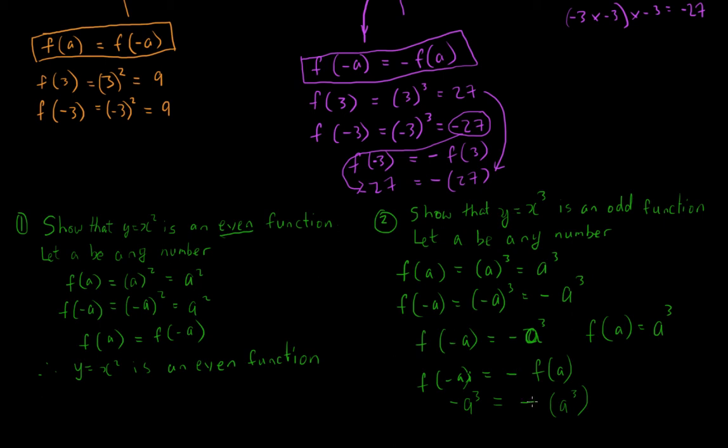It's going to be equal to minus f of a, and this is true, so this function must be, therefore, y is equal to x cubed is an odd function.